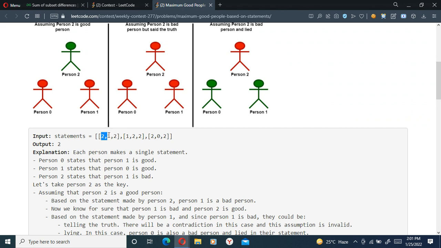So this is I and this is J. Each person makes a single statement. Person 0 states that person 1 is good. Person 1 states that person 0 is good.